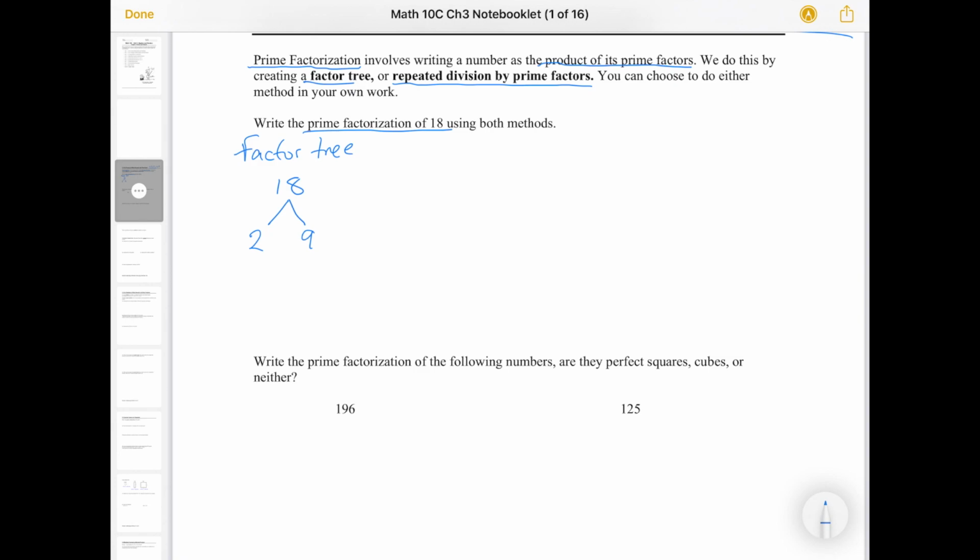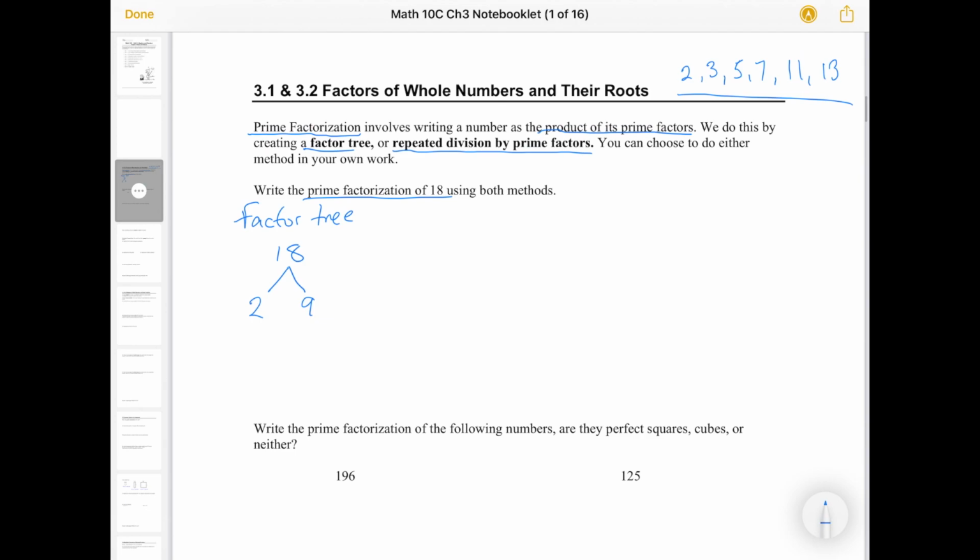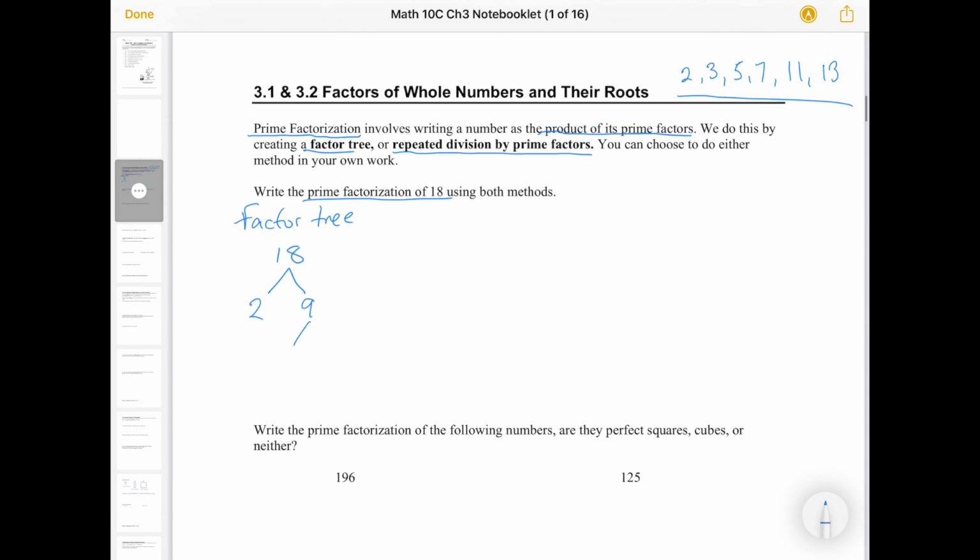Okay, well 2, that's a prime number, so I'm good with 2. But 9, I would need to break down even more, which can break down into 3 times 3. All right, well 3 is also a prime number, so this would be my prime factorization.